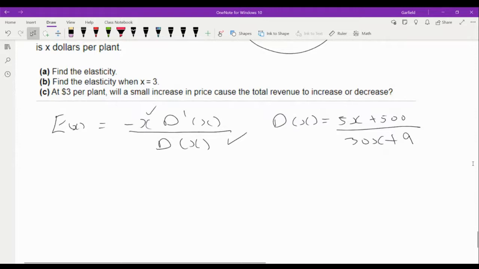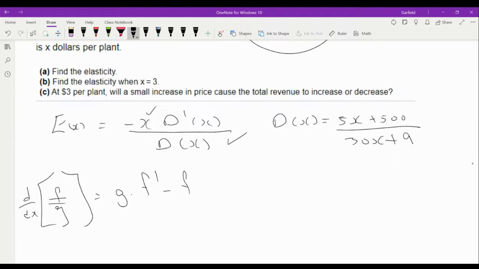If you remember, the quotient rule says if we have f over g, the derivative d by dx of the function is equal to the denominator times the derivative of the numerator minus the numerator times the derivative of the denominator, all over the denominator squared. That's the quotient rule, like chapter 1 recall.